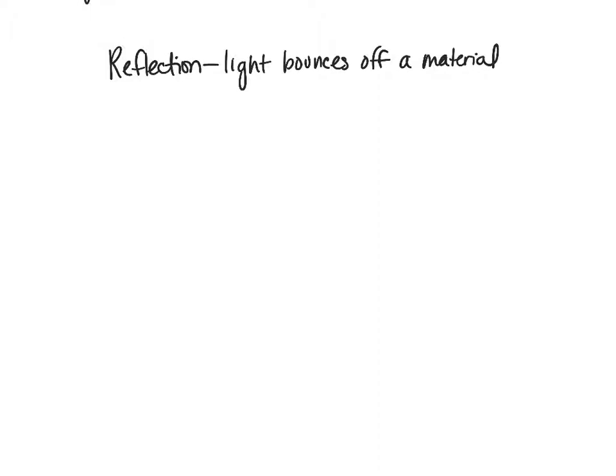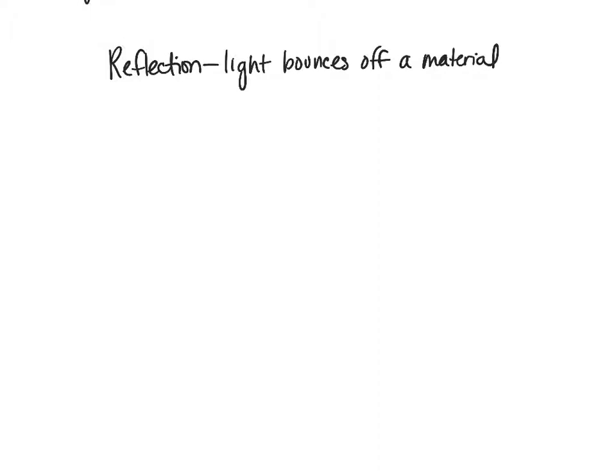So if it is red to our eyeballs, that means it's reflecting the red wavelength back at our eyes and absorbing all of the other wavelengths. That's why it looks red to us, versus something else that may look blue. If something looks blue, then it's absorbing the other wavelengths and bouncing back the blue wavelength to us. So that's reflection, where it's bouncing off of a material.